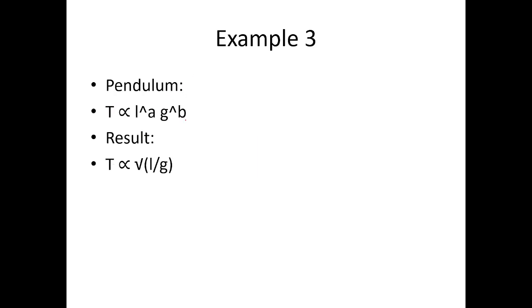Pendulum. You see T is proportional to the product of L and G with different powers. So we have to work it out. Time period of a simple pendulum. You see we have a simple pendulum which has length L. It oscillates between the extremes. So gravity is there.